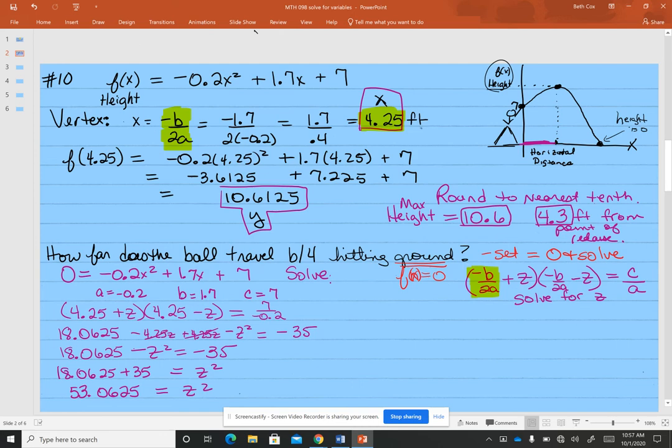So now using my calculator, z is equal to the square root of 53.0625, which I'm going to not write down. And it's going to be the plus or minus, this is what z is going to be, 7.2844.